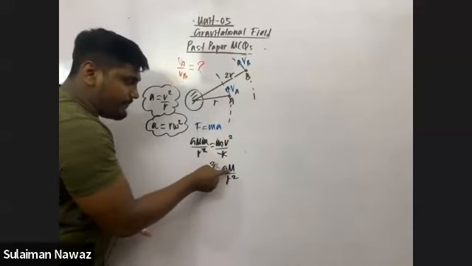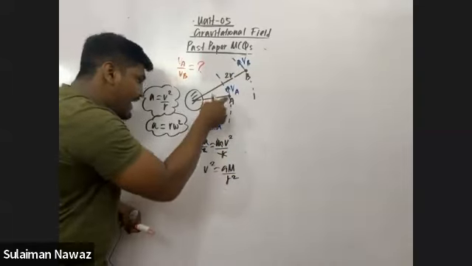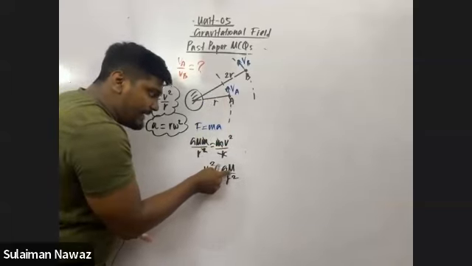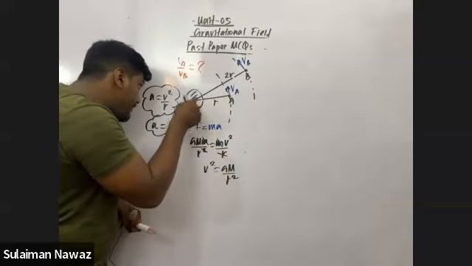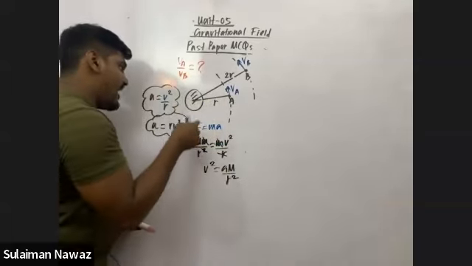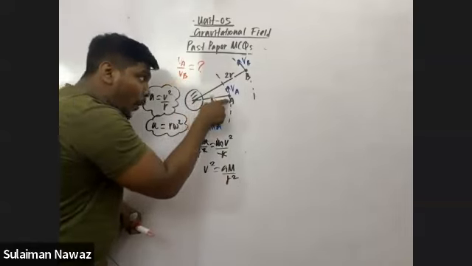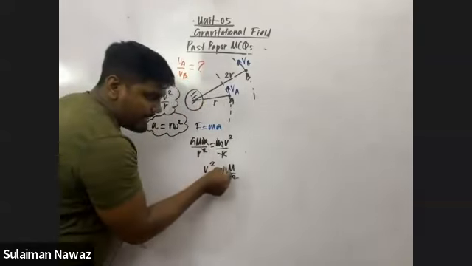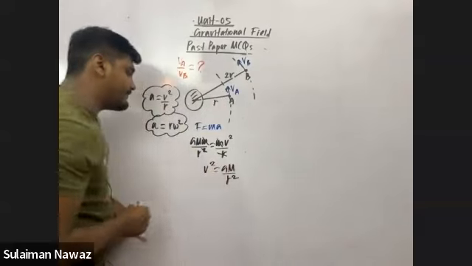Now what is this capital M? Not the mass of the satellite. What is this capital M? The mass of the planet through which this satellite is orbiting. So capital M means the mass of the planet.